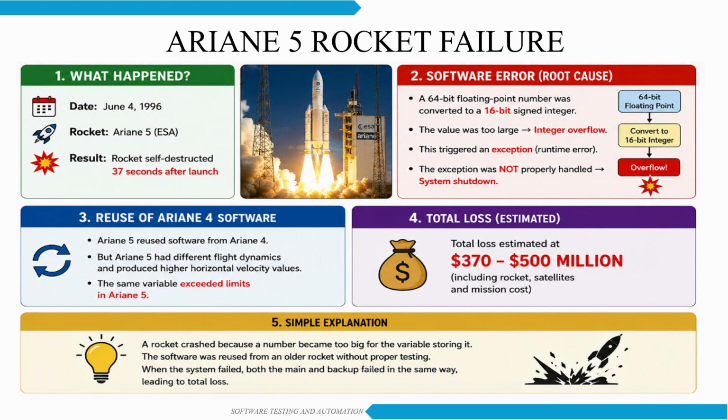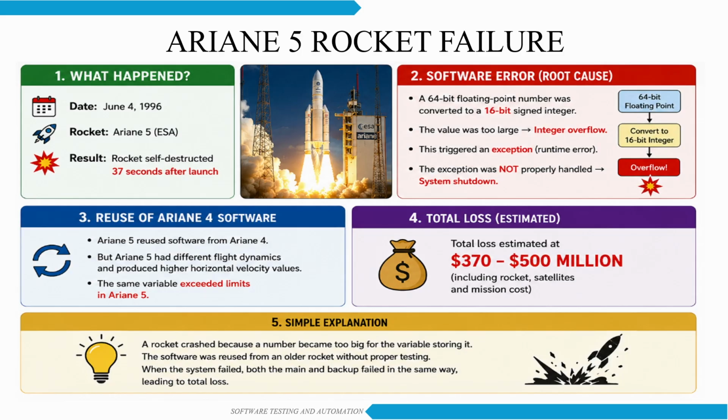So why did the rocket crash? Because the velocity of this rocket was much higher than the previous rocket. So the velocity value is higher, but we had allocated a small amount of memory to store the value. The system tried to convert that larger value to a smaller value, but the conversion did not happen properly, and it was not handled properly in the software.